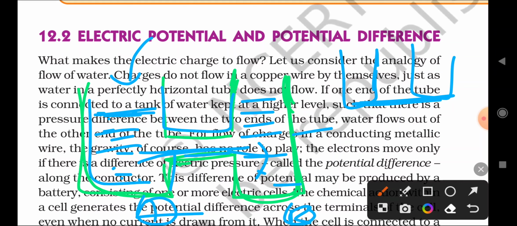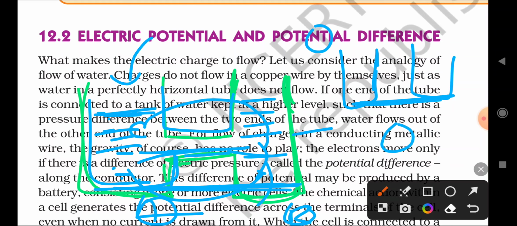There is no difference of height. One is not kept at a higher position and another at a lower position. They are kept at the same horizontal plane. So there is no flow of water from one side to the other, because both are equal, since there is no pressure.